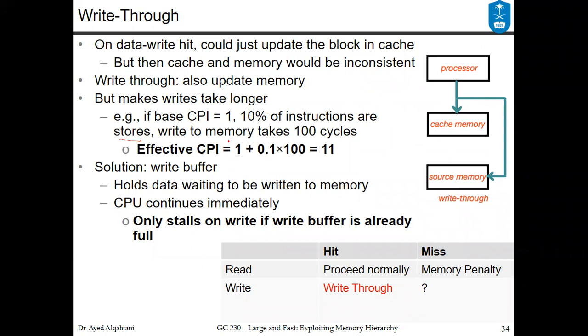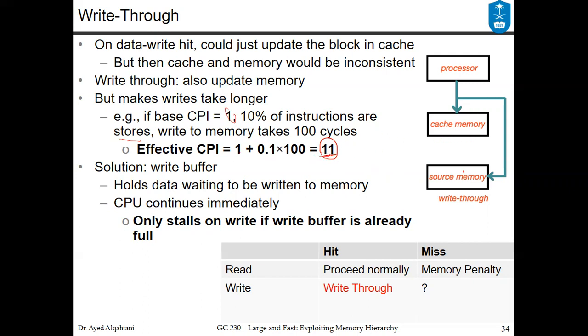And let's say that it takes 100 cycles to write into the memory. Then the effective CPI is no longer only 1. It's 1 plus 10% times 100 cycles, so from 1 you are increasing to 11. And this is a whopping jump. You shouldn't do this with write through.